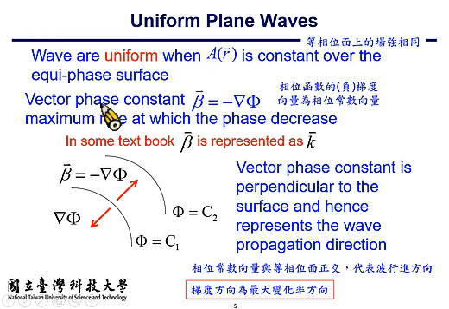The vector phase constant beta equals the negative of the gradient of phi.